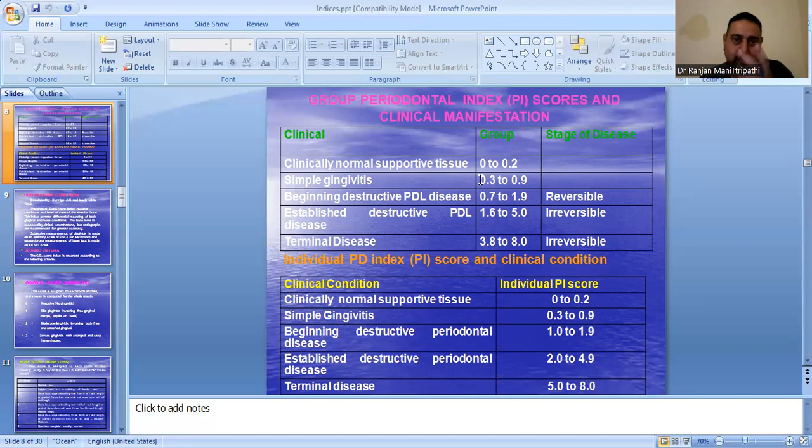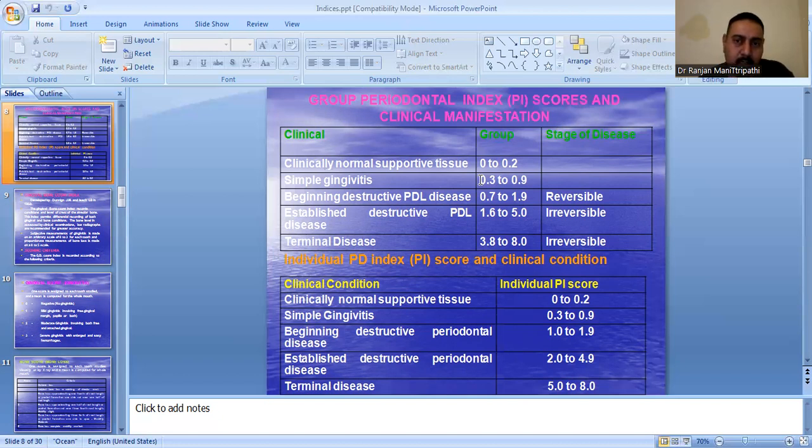So here is a table to describe the group periodontal index scores and clinical manifestation. Clinically normal supportive tissue is group 0 to 0.2, there is no stage of disease, it is neither reversible nor irreversible.